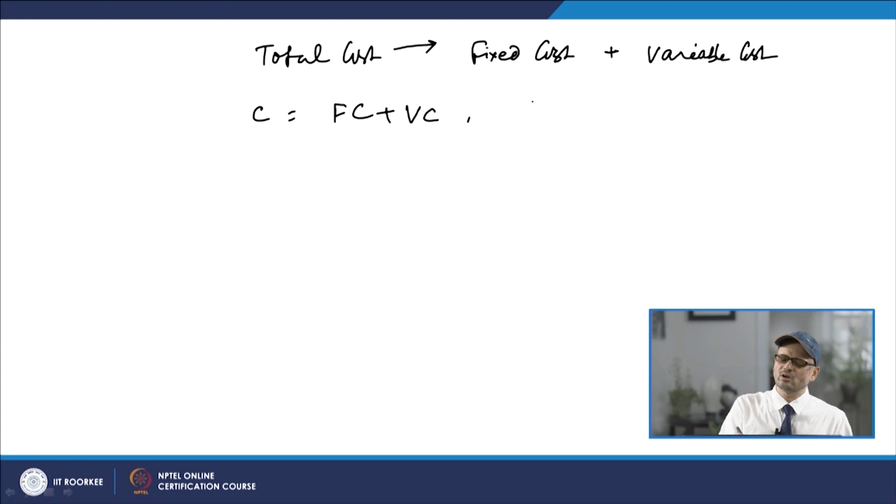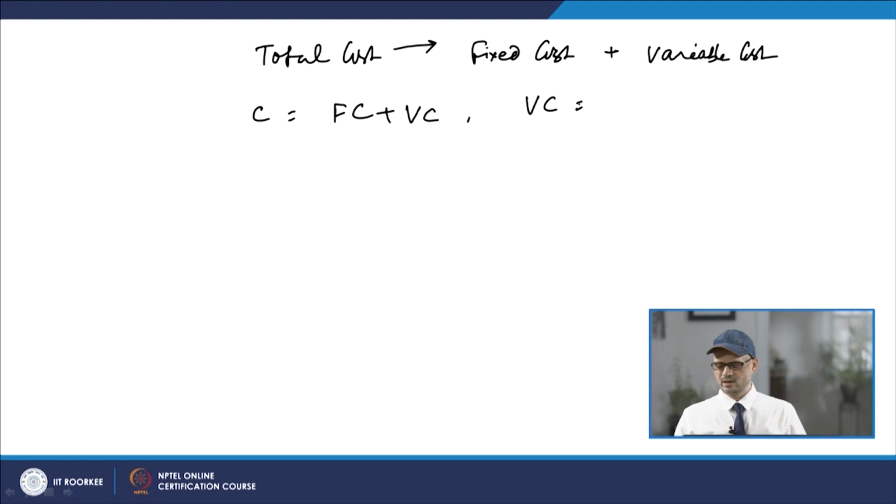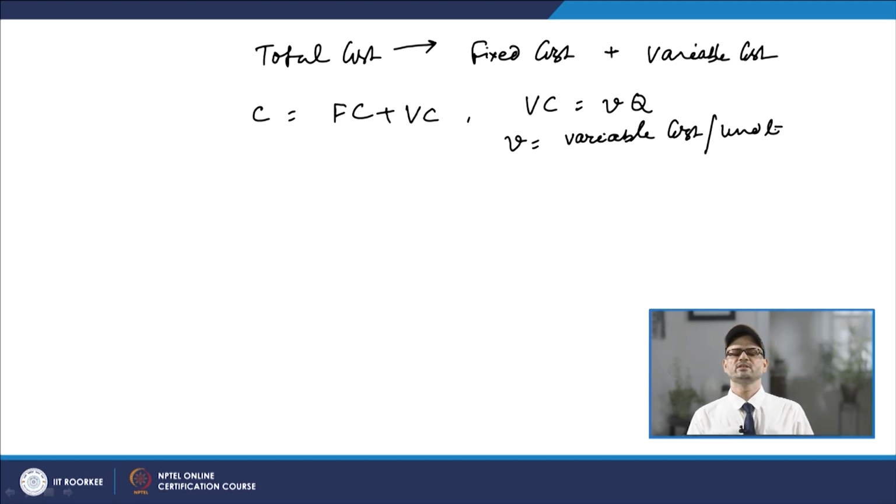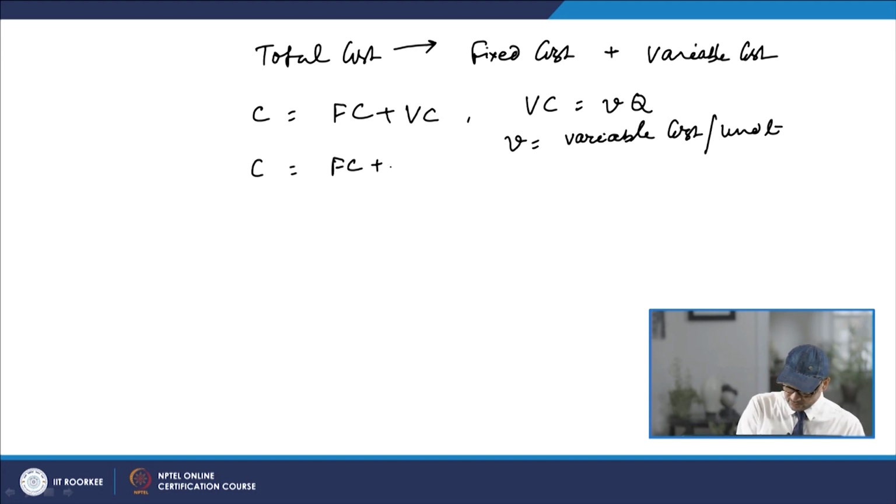Now, variable cost will be basically equal to V into Q, and small v is defined as the variable cost per unit, and then the number of units will be Q. So, total variable cost will be V into Q. So, the total cost becomes FC plus VQ.